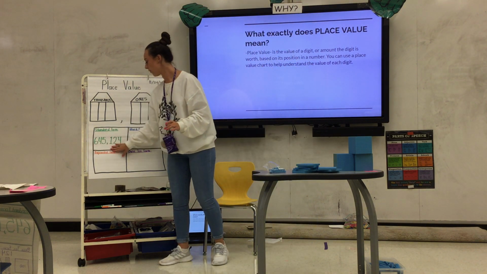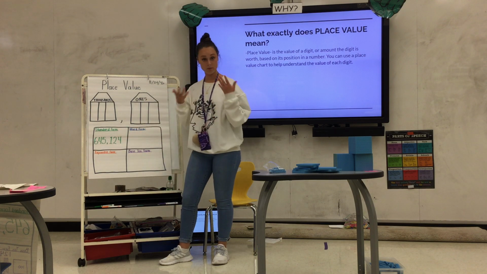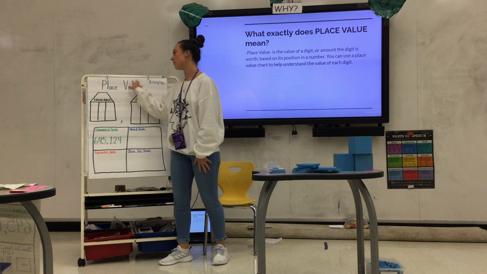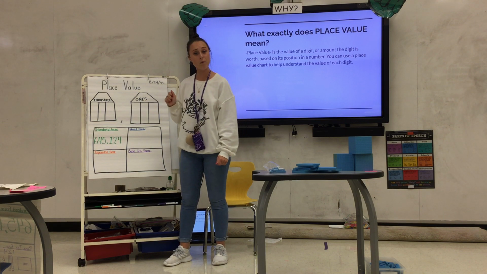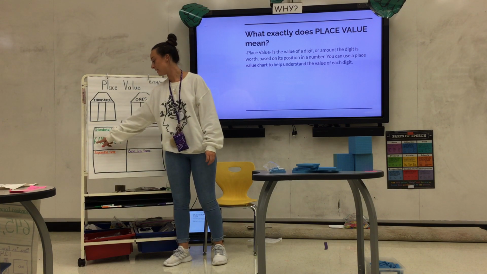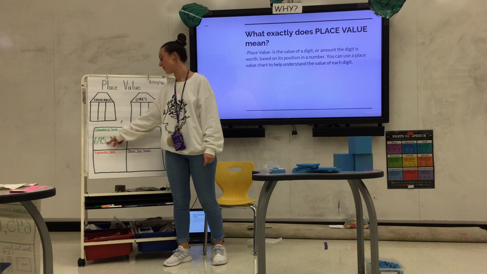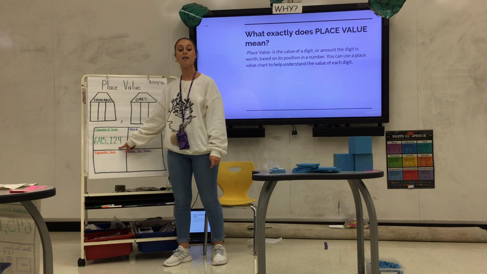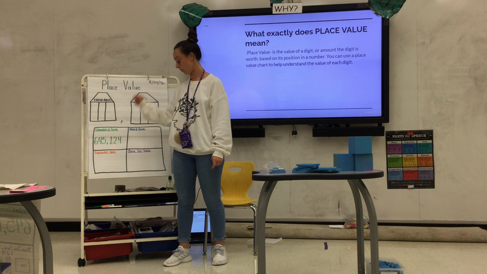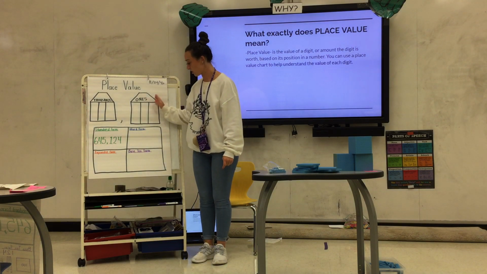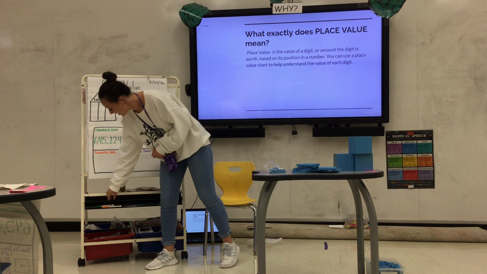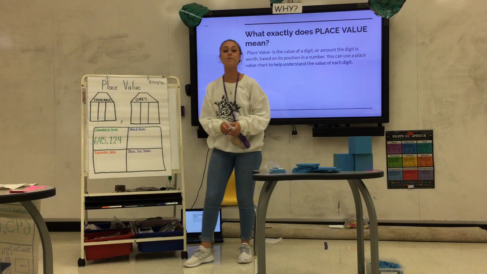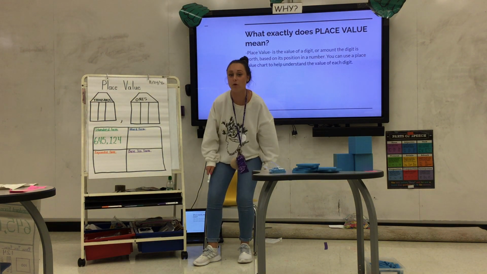Today, we're going to talk about different forms of a number and looking at their different place values. The number we're going to do today is 645,124. Okay? We're going to start off with the smallest number. Now, standard form, everybody say standard form.